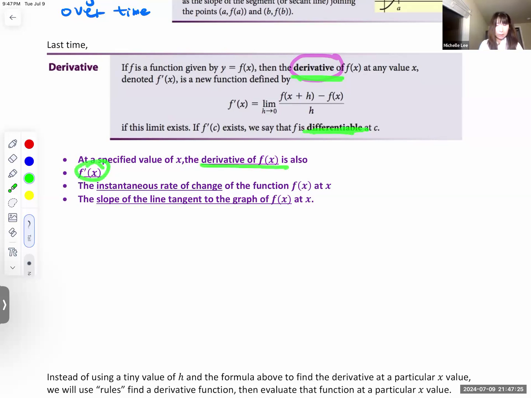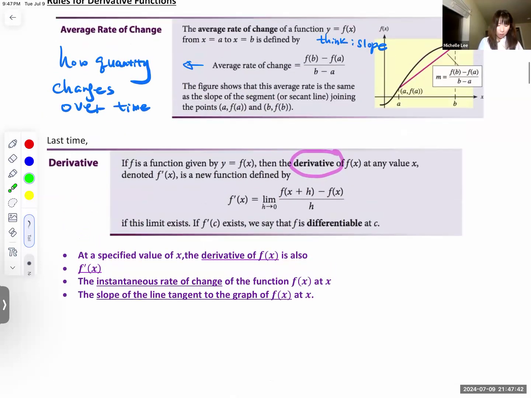We denote it like f prime of x, and the instantaneous rate of change is the same, right? And then the slope of a line tangent to the graph f of x at x. Since this comes from slope, right? This is a slope.